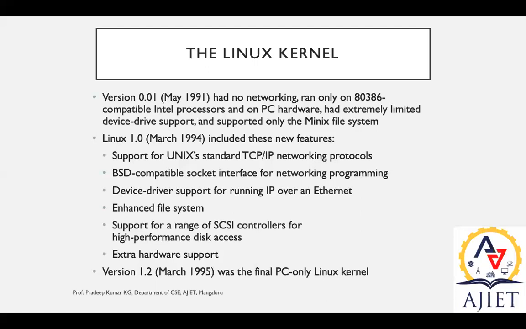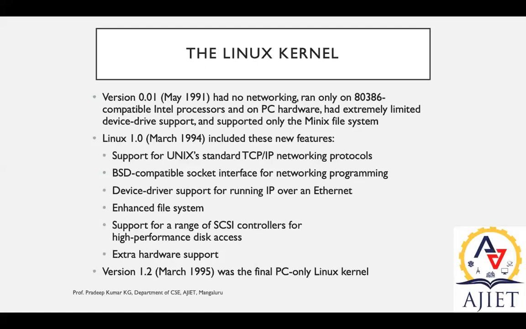Later on, after the addition of some major components into the existing one, Linux 1.0 was launched in March 1994, which included support for the Unix standard TCP/IP networking protocol, a BSD compatible socket interface for network programming, and device driver support for running IP over an Ethernet.